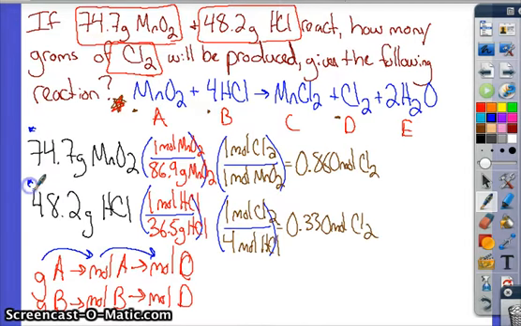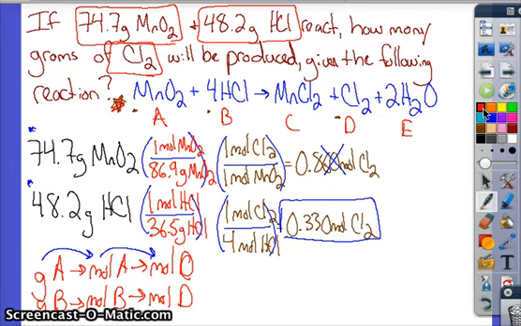Or we have 48.2 grams of hydrochloric acid, we'll produce 0.330 moles of chlorine. The lesser amount identifies your limiting reagent. The other substance, MnO2, is our excess reagent.